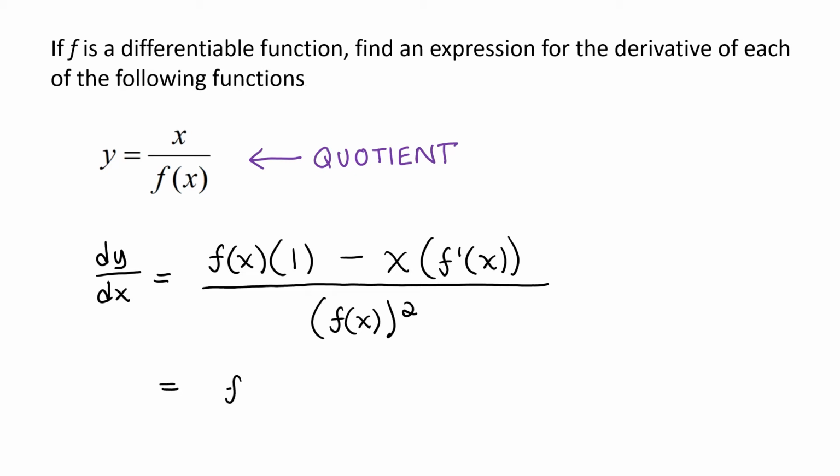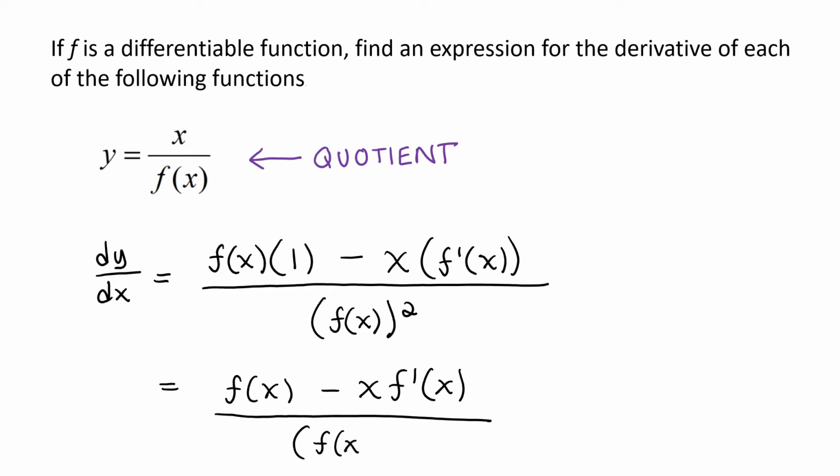So this is equal to f of x minus x f prime of x all over f of x squared.